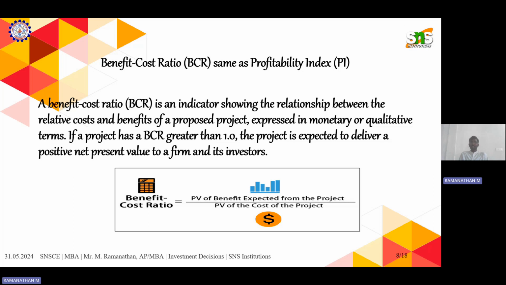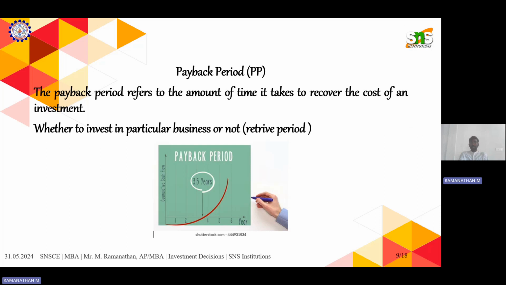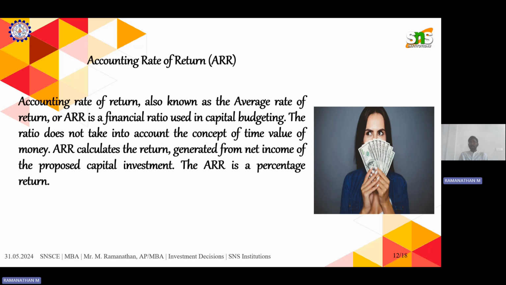If your project has a benefit cost ratio greater than 1, the project is expected to deliver a positive net present value to the firm or that particular investment. So this is all about profitability index. Next, we'll see the next financial appraisal technique.